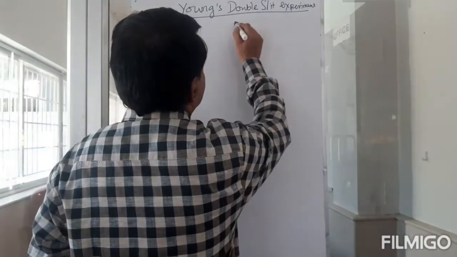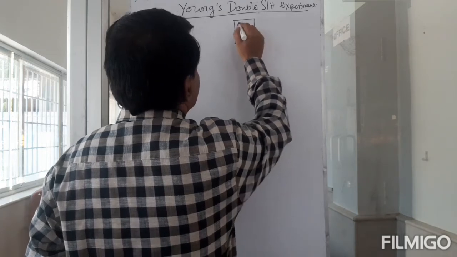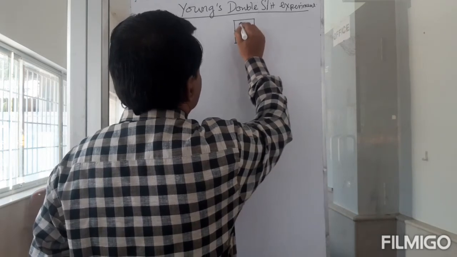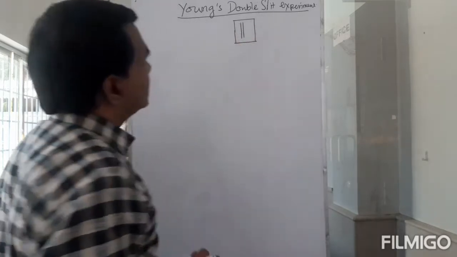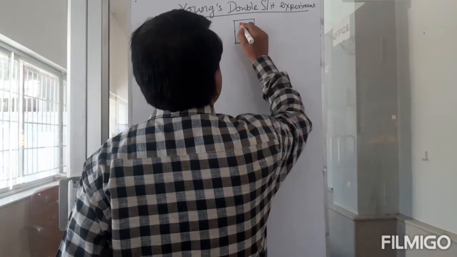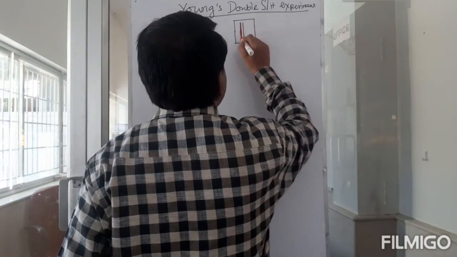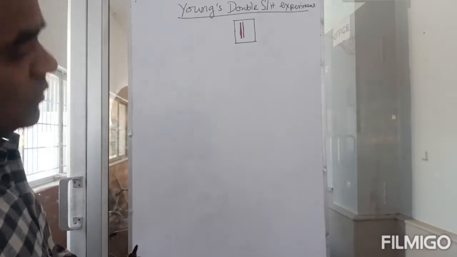You have a sheet of paper, and then you make two slits, two narrowly spaced slits. Okay. So these are the slits. Two narrow slits on the paper.